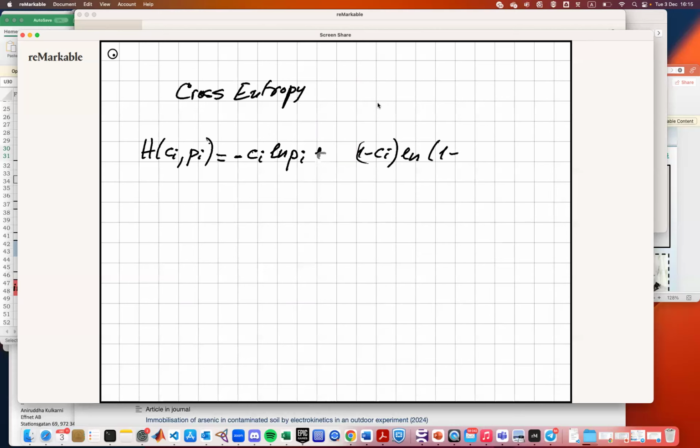Or actually, sorry, the actual formulation has a minus here.